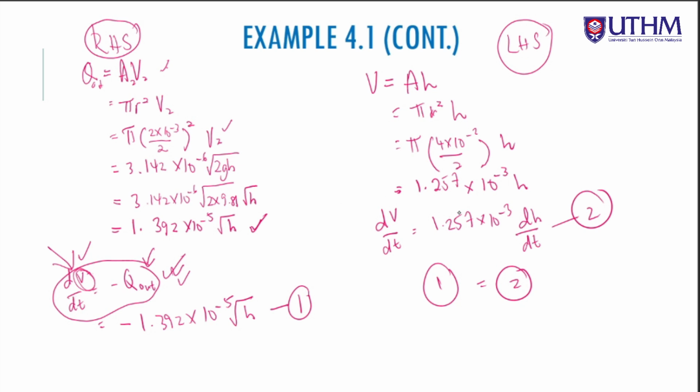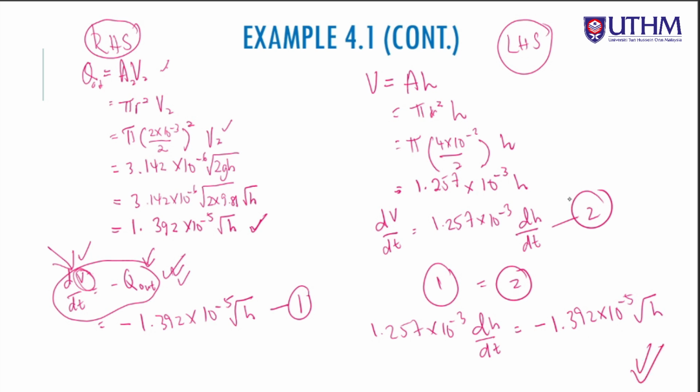So dv dt actually 1.257 times 10 to the power of minus 3 dh over dt is equivalent to this one, minus q out ni kan, minus 1.392 times 10 to the power of minus 5 square root of h kan.